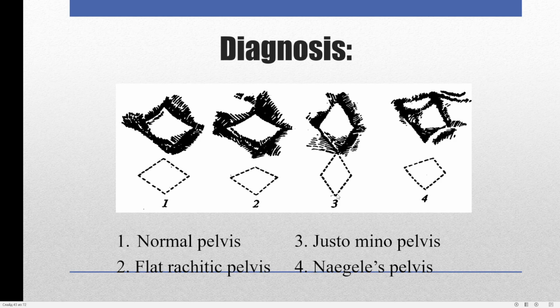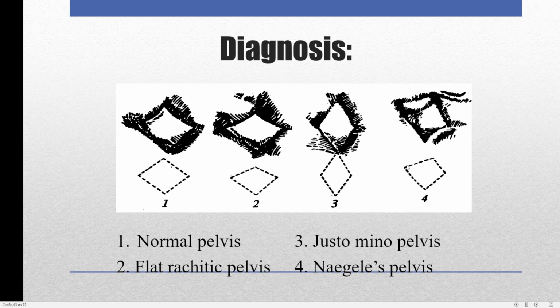Look, in the case of a just minor pelvis, when all sizes decrease by 1 or 2 centimeters, again it's usually symmetrical but with smaller sizes of the rhomboid. But in the case of a flat rachitic pelvis, the true conjugate decreases and the vertical size of the Michaelis rhomboid decreases. It's some type of oblique pelvis.